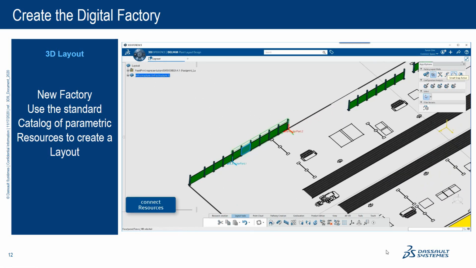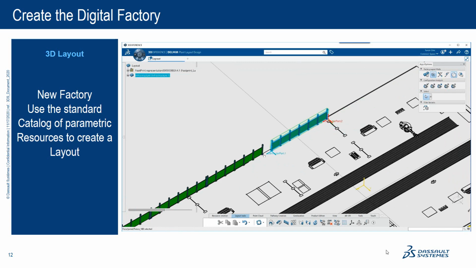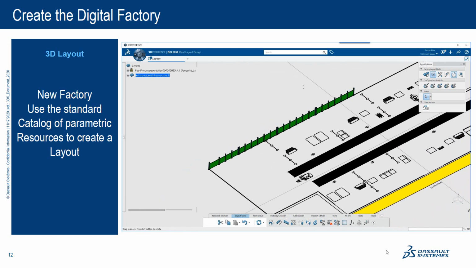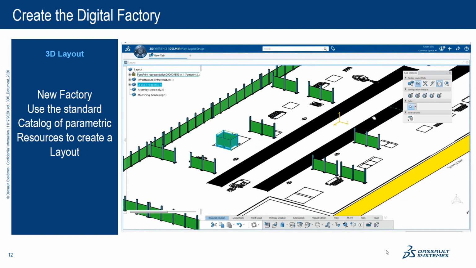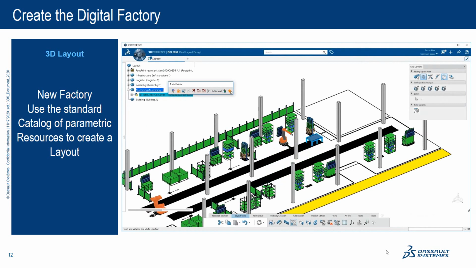And in Delmia, in the 3DEXPERIENCE platform, you will have access to a library of standard resources. There we started with the fence, and all those resources are parametric, meaning that, for example, for this storage, taking the reference of the drawing, you can choose the exact size of your storage, and you can simply position it.